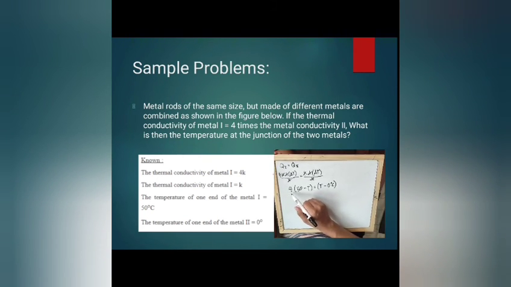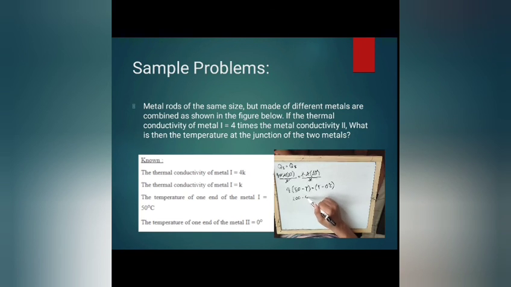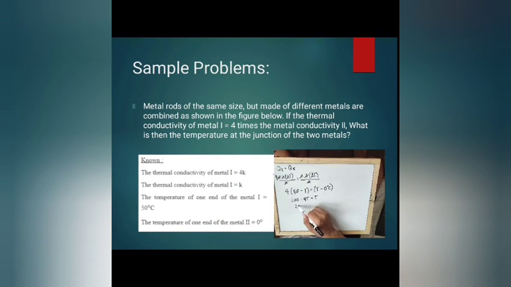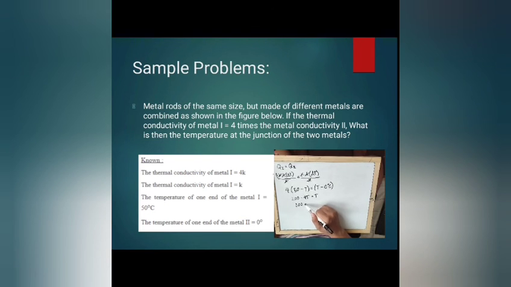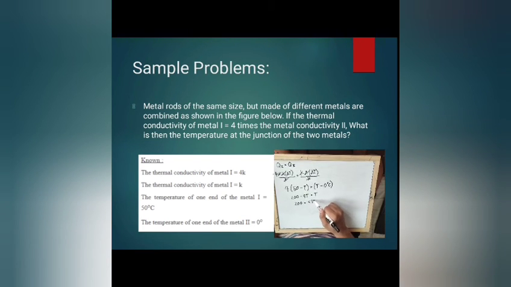So we solve for T. We multiply, so 200 minus 4T is equal to T minus 0, which is equal to T. So we transpose, this becomes positive, so 200 is equal to 5T.